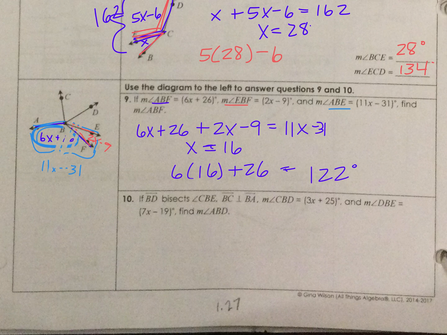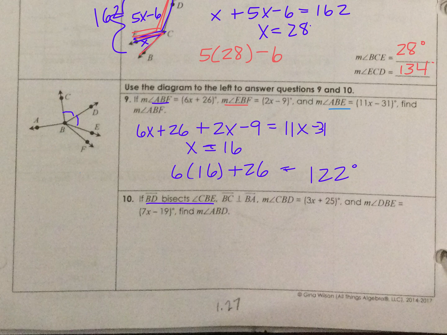All right, last problem. If BD bisects CBE, so that would tell me that this part and this part are exactly the same if they're getting bisected.